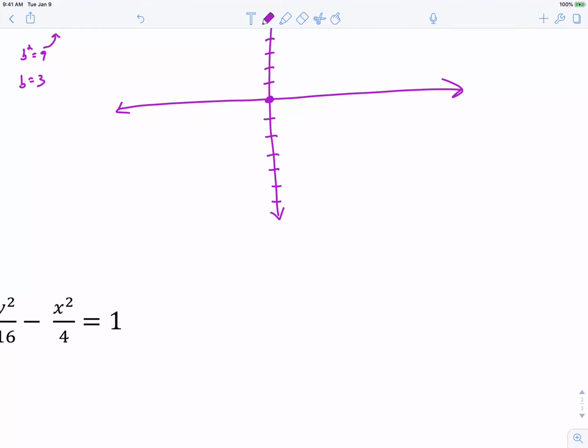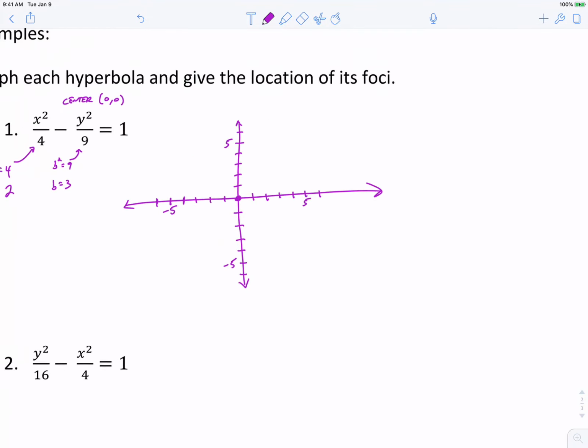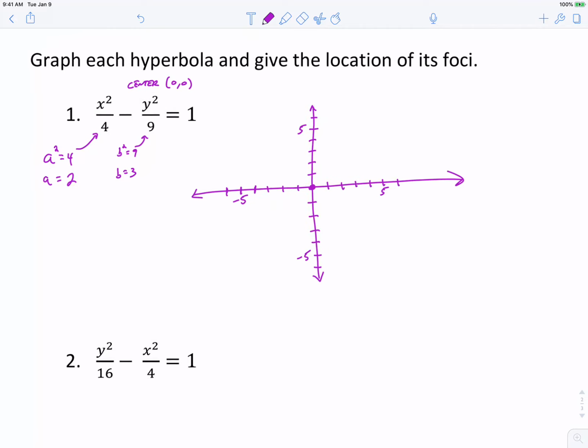I didn't do a great job on that one. Three, 4, 5. 1, 2, 3, 4, 5. All right, so our center is at 0, 0.